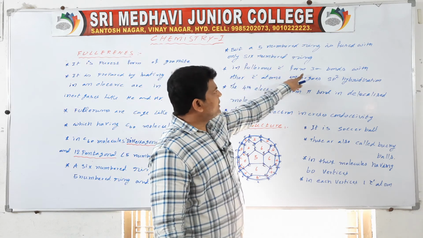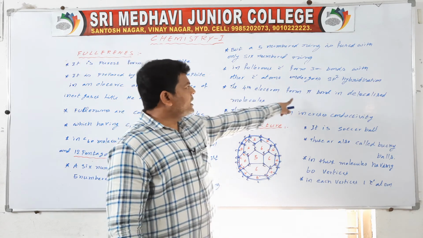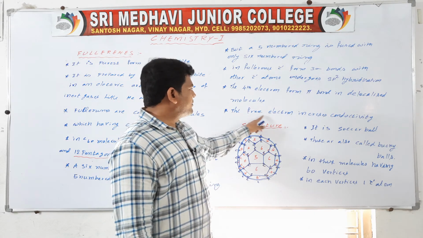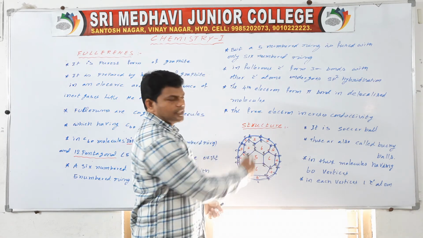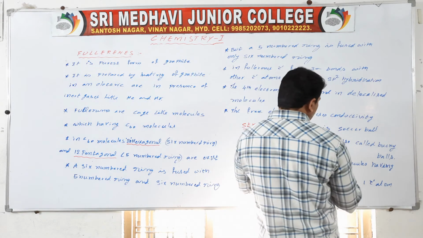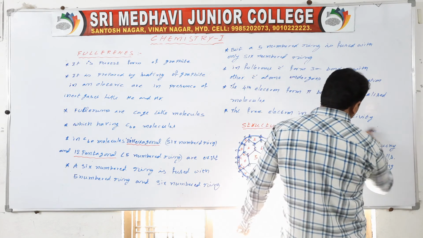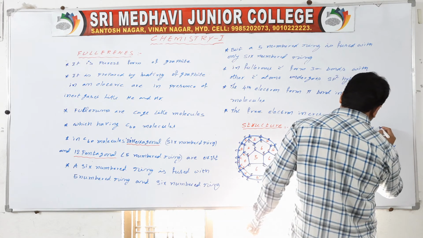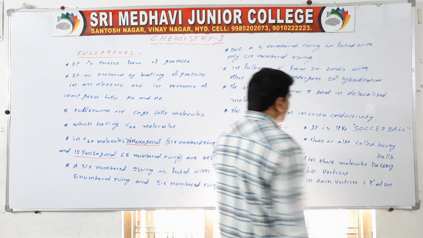So in fullerenes, a carbon atom forms 3 sigma bonds with other carbon atoms and undergoes sp2 hybridization. The 4th electron forms a pi bond in delocalized molecules. Okay, the free electron increases conductivity. So it is a soccer ball-like structure.